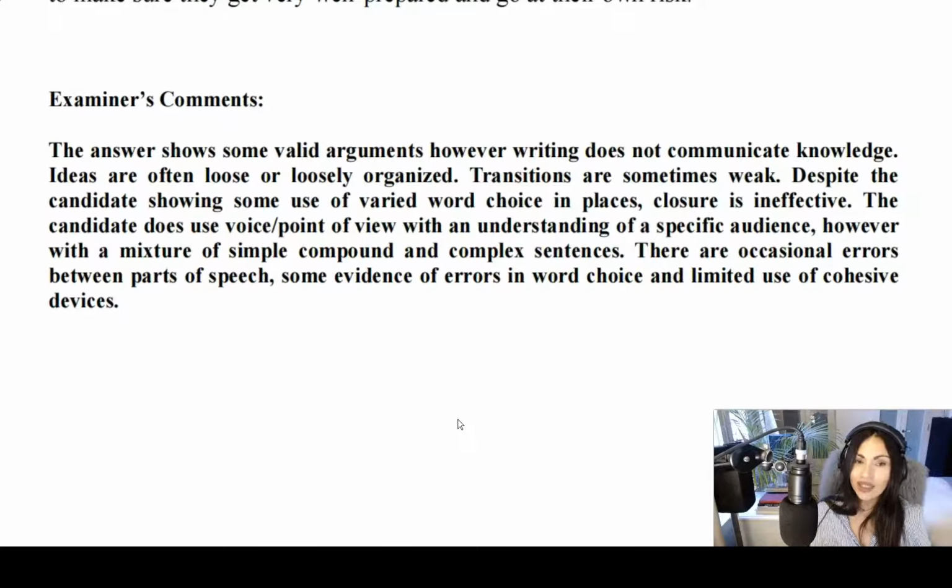Despite the candidate showing some use of varied word choice in places, closure is ineffective and could have been better. The candidate does use voice with an understanding of a specific audience, however with a mixture of simple compounds together with simple complex sentences, so there was no consistency. There are occasional errors between parts of speech, some evidence of errors in word choice, and often a limited use of cohesive devices.